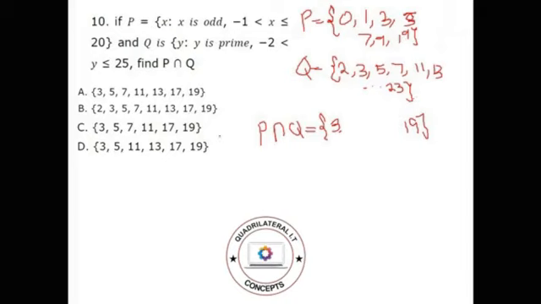So we have, starting from 3, 5, 7 up to 19, because P stops at 19, which means Q can also stop at 19. So if you look at the correct option, you can see that we have 3, 5, 7, 11, 13, 17, and 19, which shows the correct answer, because here they are all odd numbers and they are also all prime numbers. So the correct option is option A.